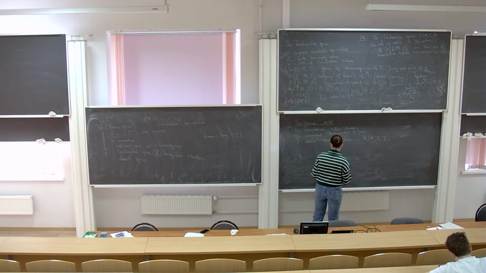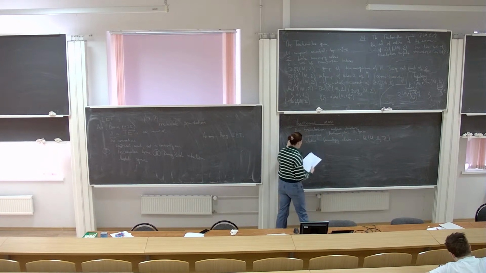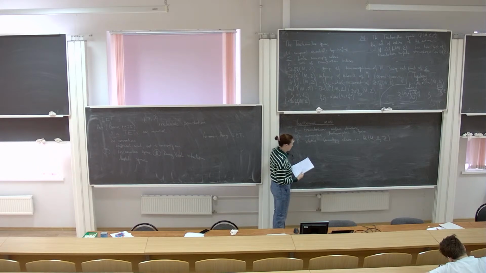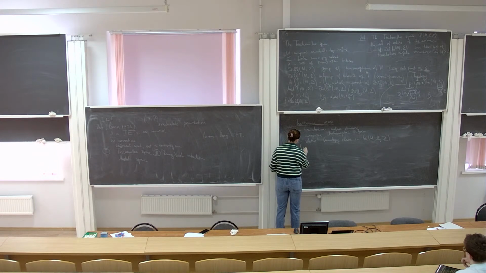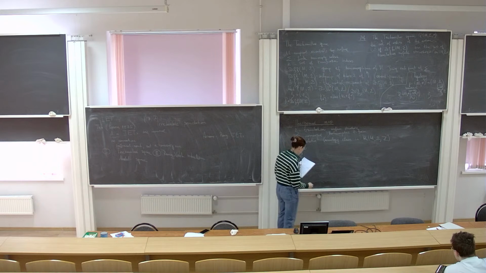So now, you remember that this one form is closed. So since it's closed, we can integrate it. We can consider this map, and it's correctly defined.